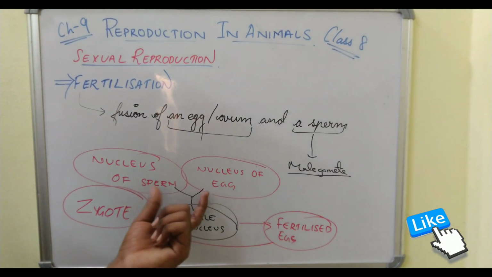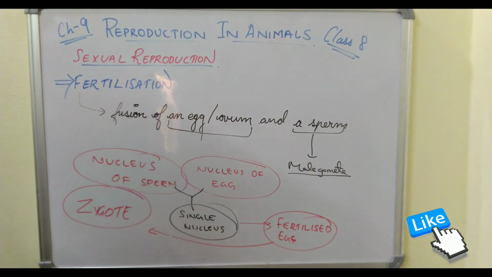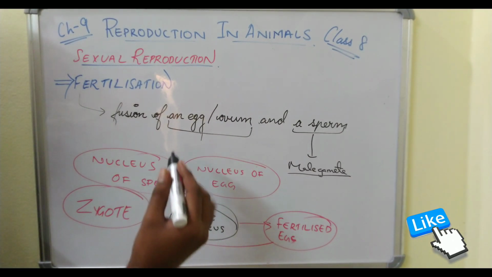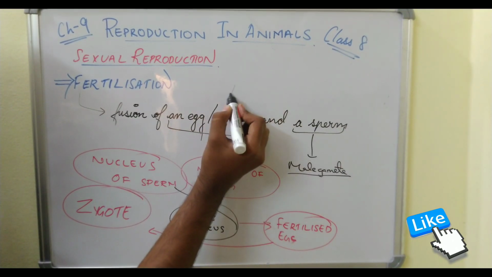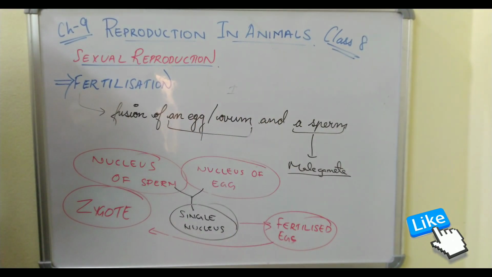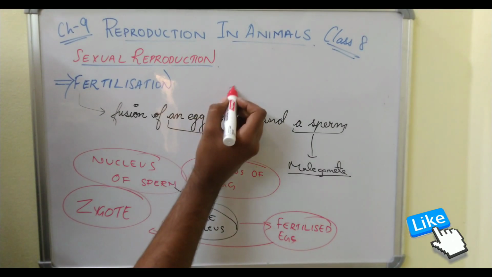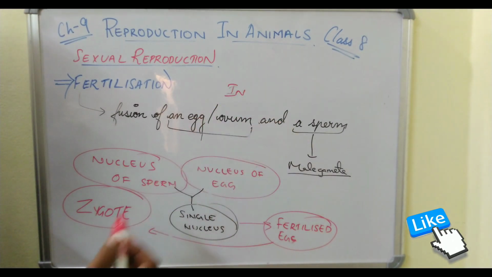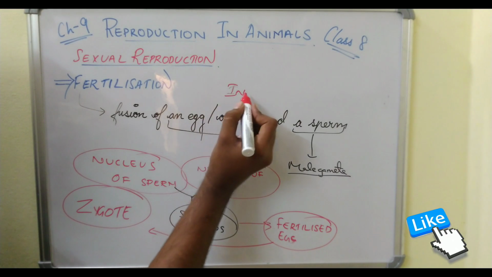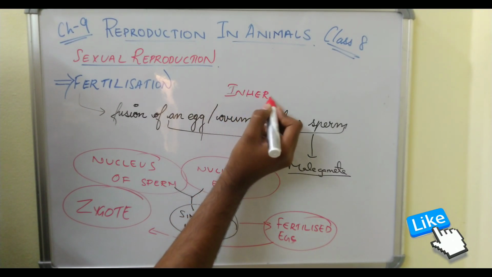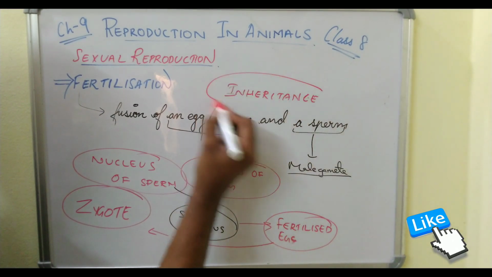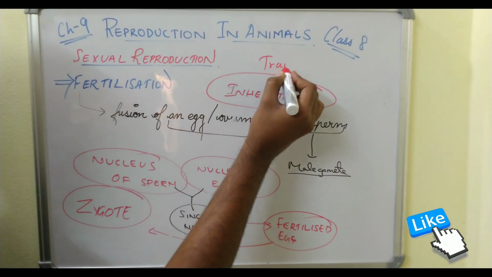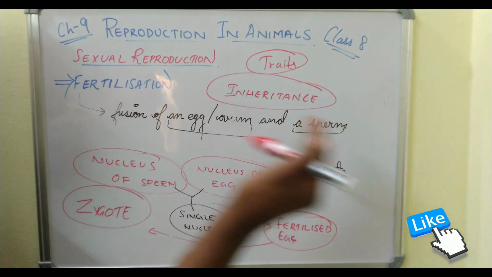The meeting of the egg and the sperm involves the nucleus, which contains chromosomes. We have studied genes in the cell chapter. Inheritance is basically the traits which are passed from the parents to the child.